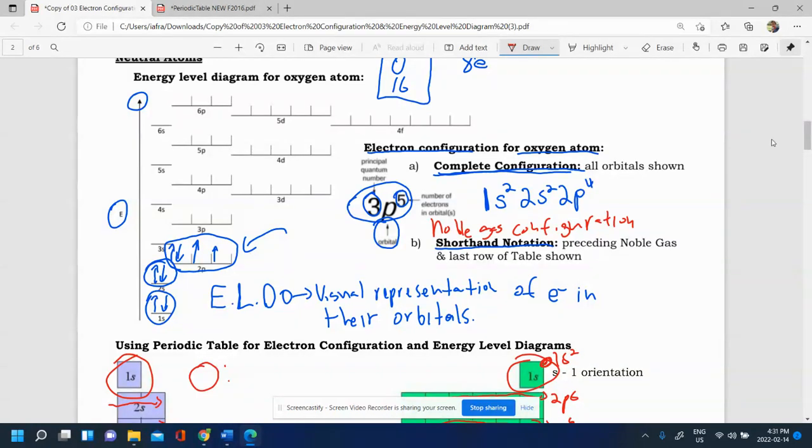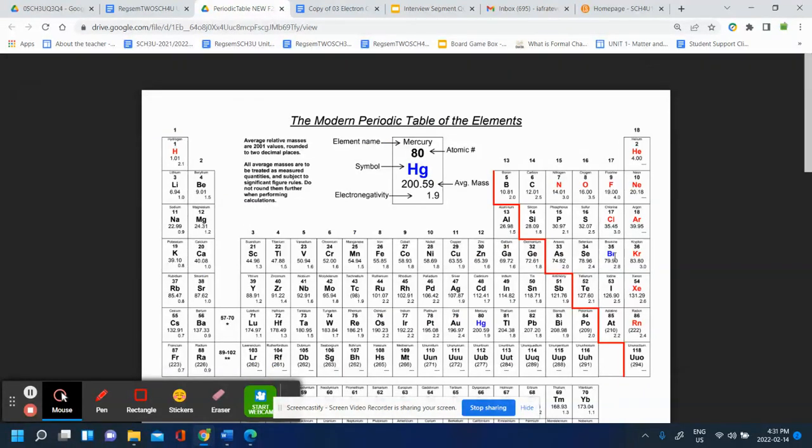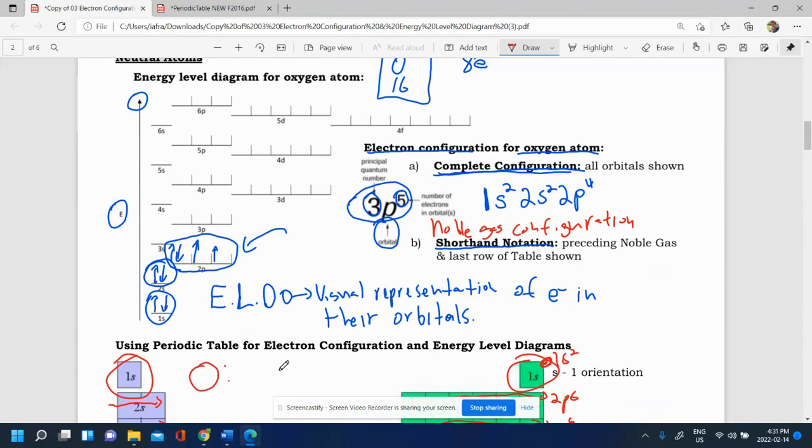So what you do is, let's just take a look at something like, let's say, bromine. We look at the noble gas that comes before it, and that's argon. Let's go back to our periodic table here.